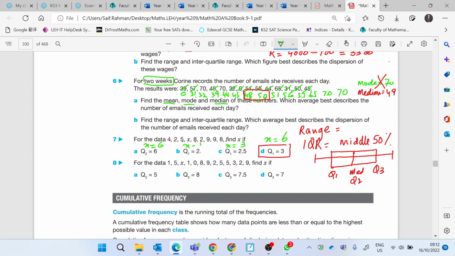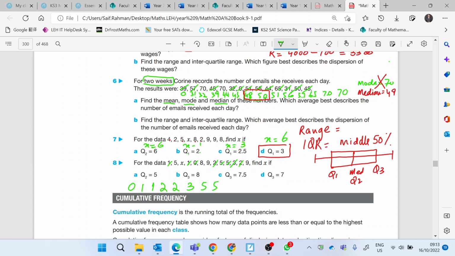So first let's put the numbers in order, and the numbers are 0, 1, 1, 1, 1, 2, 2, 3, and 5.